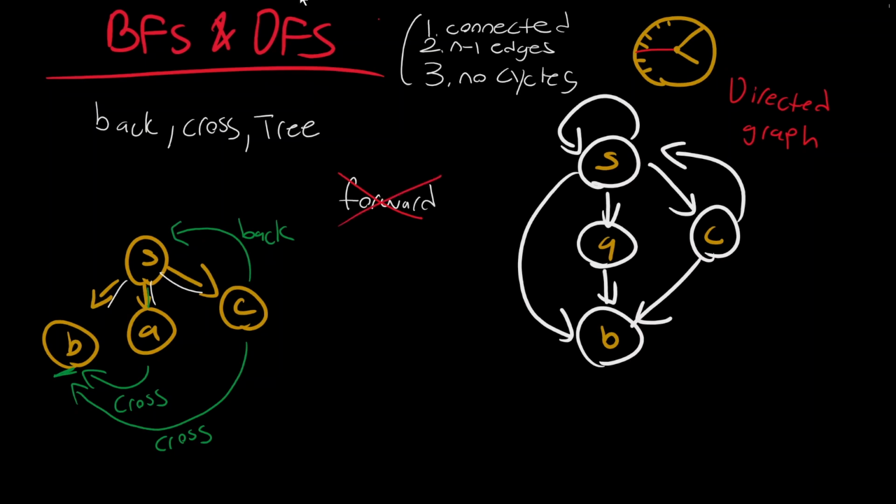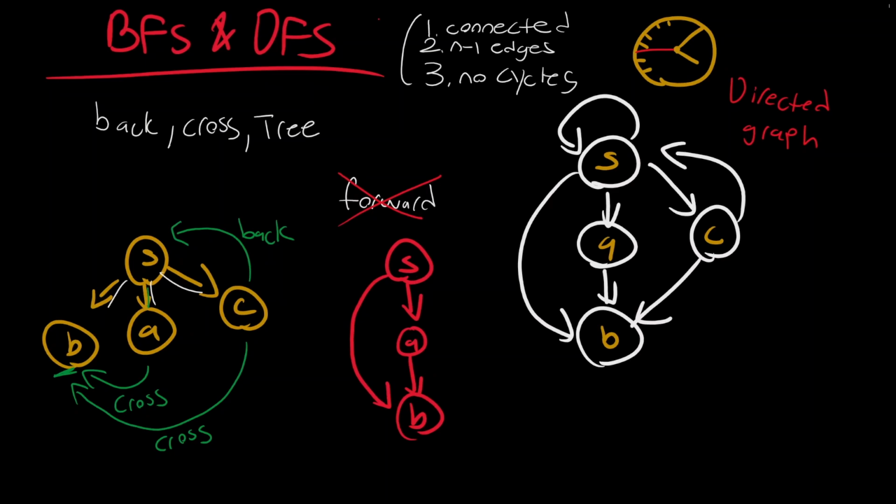Because for forward edges to happen, they're sort of the same classification time-wise as tree edges, but they're not in the tree. So let's say S, A, B. This sort of traversal would have to happen first for there to ever be some sort of jump.